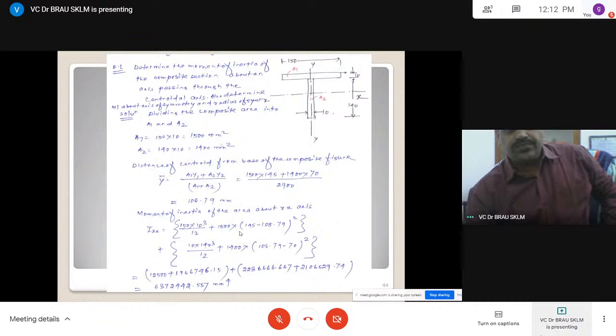What is A? This area. See, 1/12 BD cube, area of this concerned area, 150 into 10 into x square.